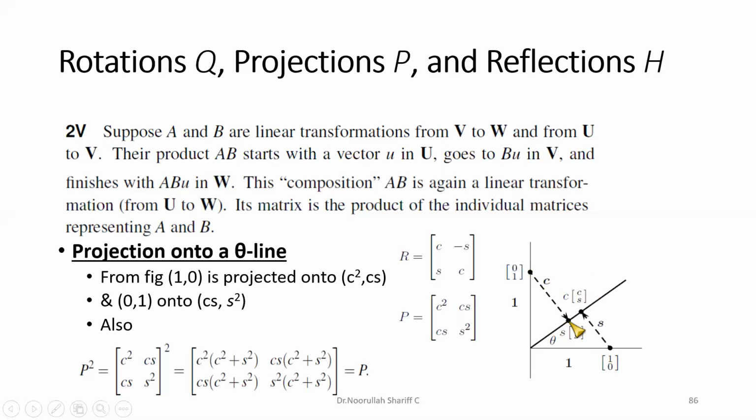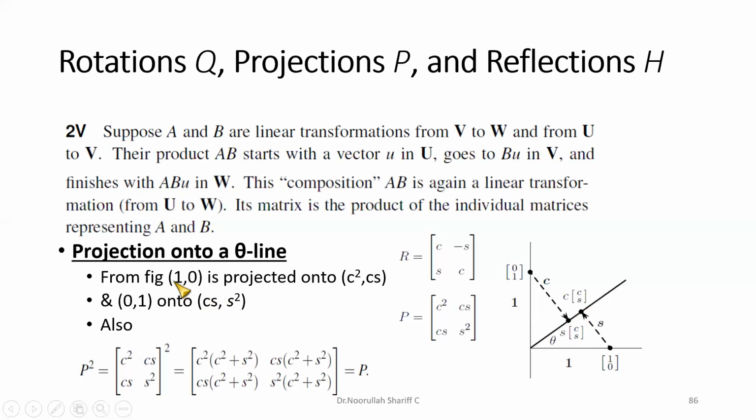The x component of that is projected over here, so sine into cos, and the y component is projected over here, that will be sine into sine. So sine into cos, or cos into sine, is CS, and sine into sine will be S square.